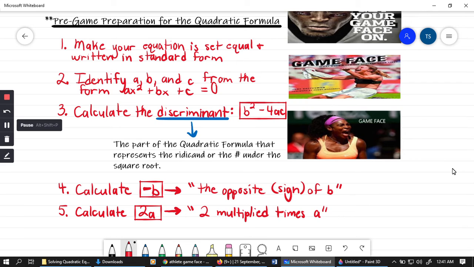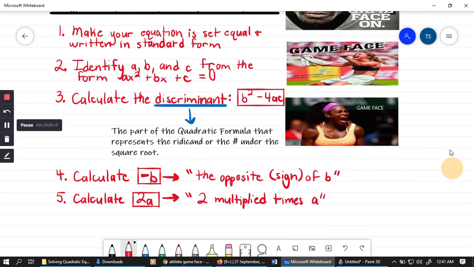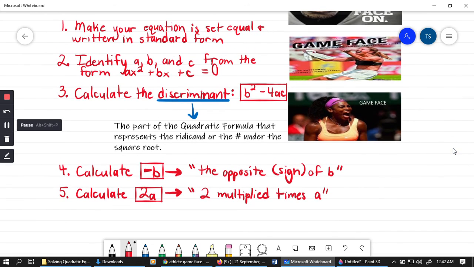Alright, so the last thing that we want to talk about here on this particular video is, again, a little bit more about the discriminant and what that discriminant can actually help us to determine. So again, we said the discriminant is the part of the quadratic formula that represents the radicand, or the number under the square root.